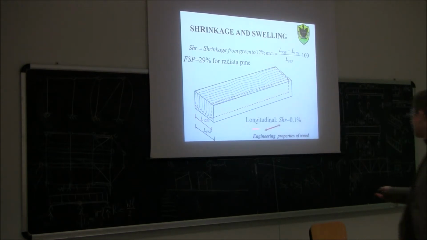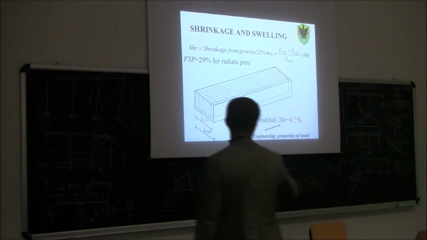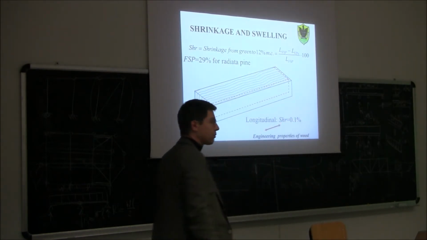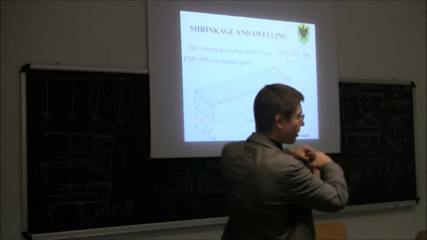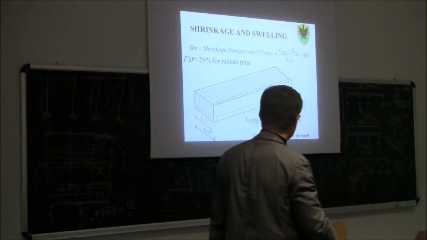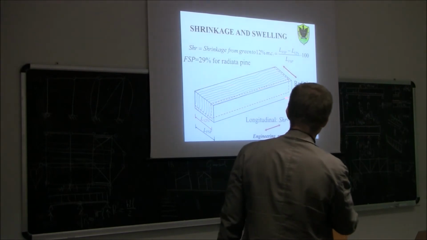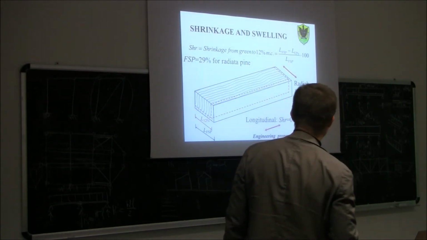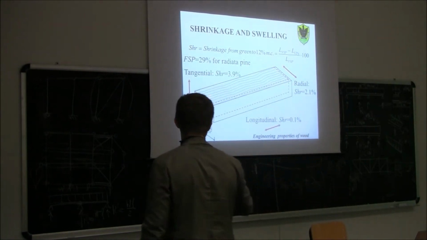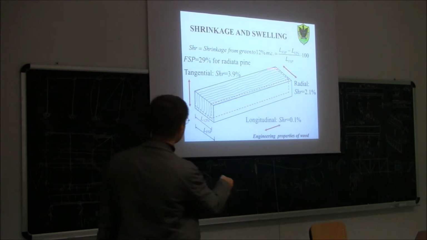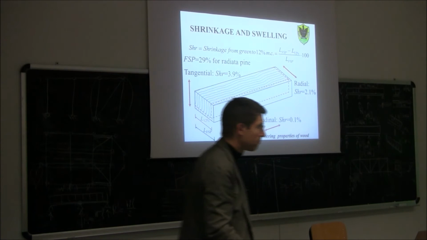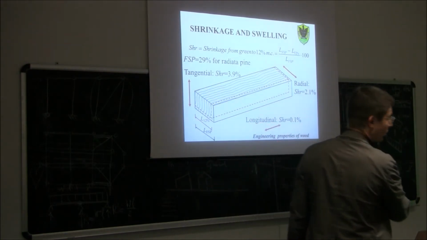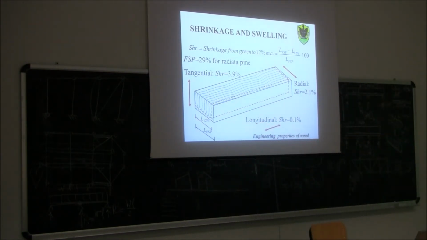However, in the longitudinal direction, parallel to the grain, we have a shrinkage of only 0.1%, so basically negligible. In the radial direction, the shrinkage is 2.1%, and in the tangential direction, it's 3.9%. So you see this ratio, let's say 4 and 2, so twice. And in the other one, basically 0. Okay?